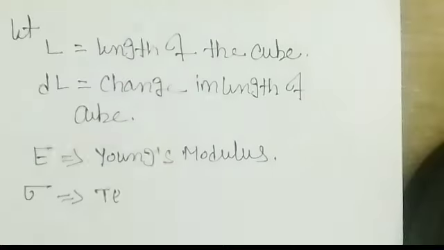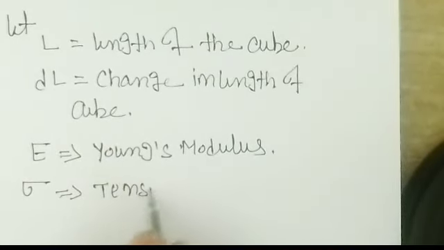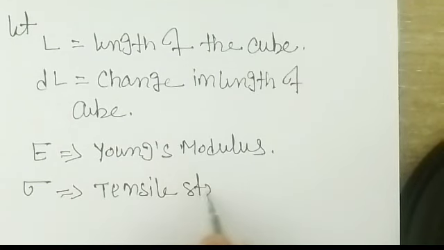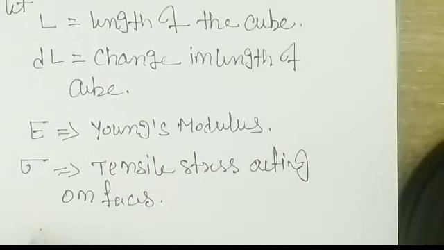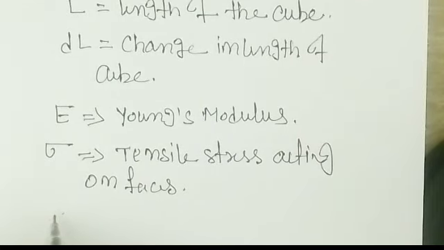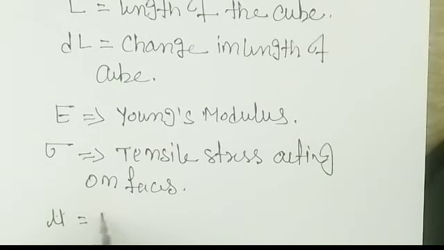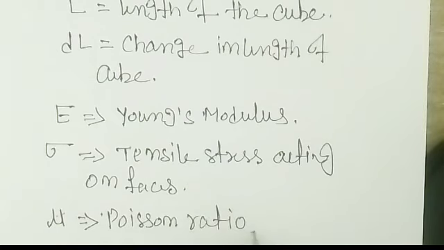So sigma is the tensile stress acting on all 6 faces we have considered. And mu is the Poisson ratio.